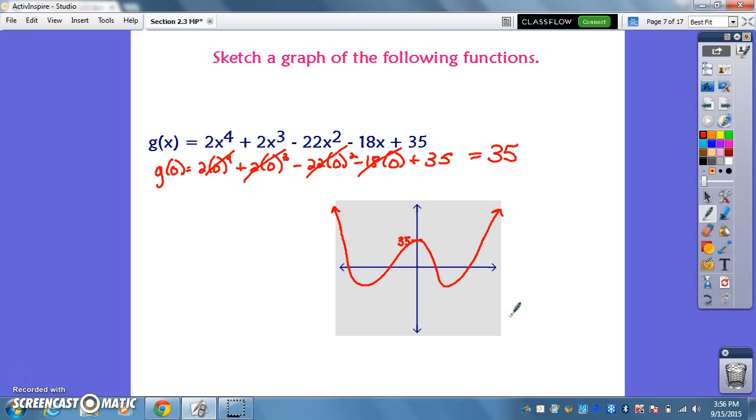Okay, now again, just taking the arrows that we had on the ends, taking the y-intercept that we had already plotted, and then just making sure we have 1, 2, 3, 4 zeros and no more. We have 1, 2, 3 extrema and no more. Alright, so again, this is not the only way that this graph could look. This is one of many possibilities for how this could look.